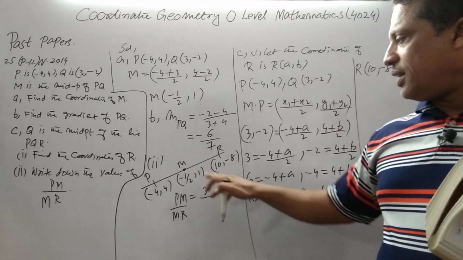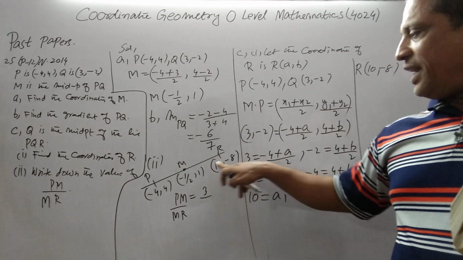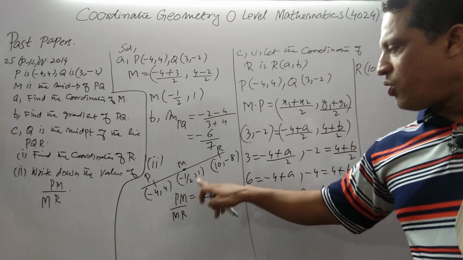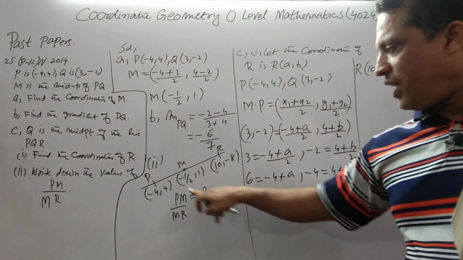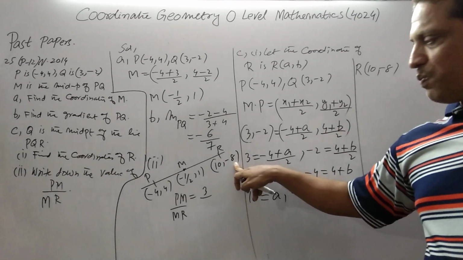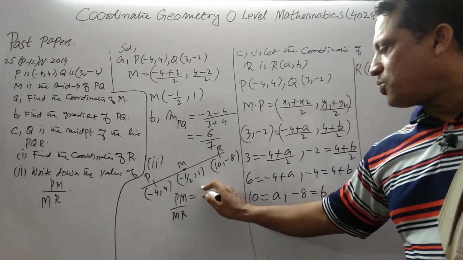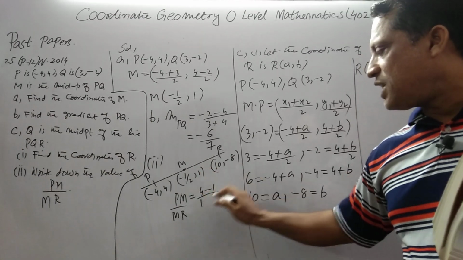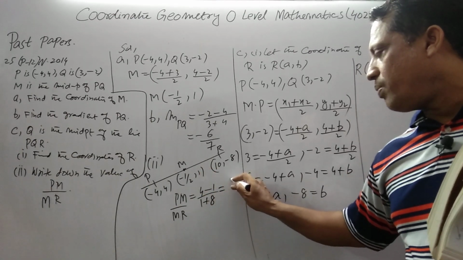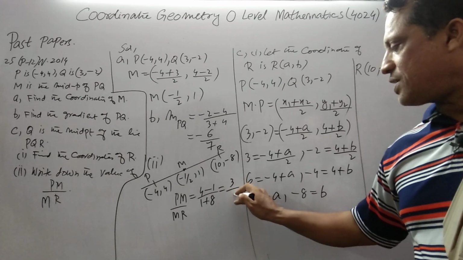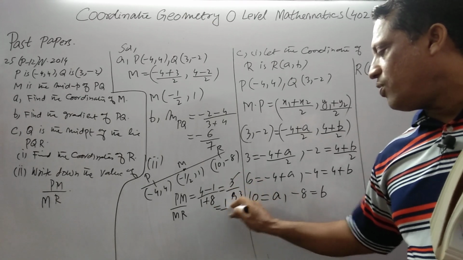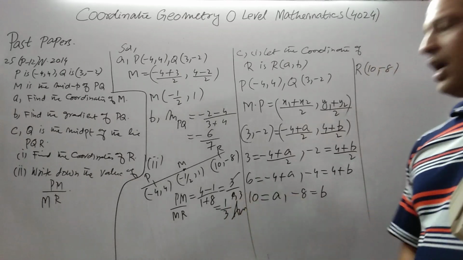And MR, this is M, this is R: 1 minus -8. So we take 4 minus 1 over 1 minus -8. 4 minus 1 is 3, 8 plus 1 is 9. 3 ones are 3, 3 threes are 9. Therefore, the value is 1 upon 3. Answer.